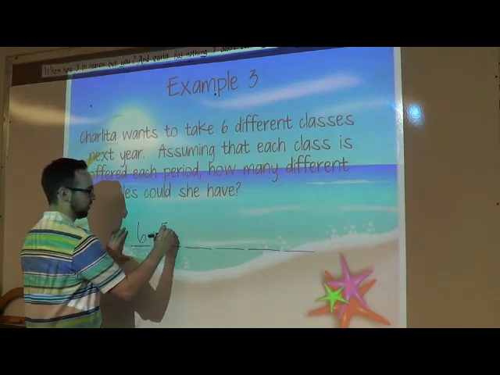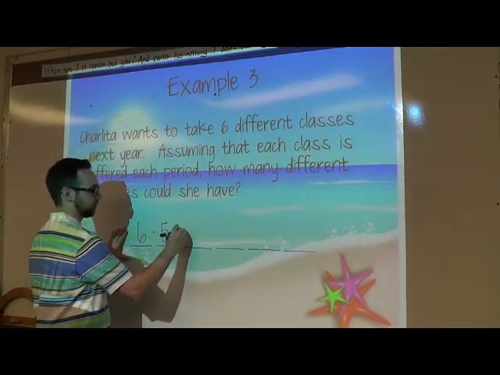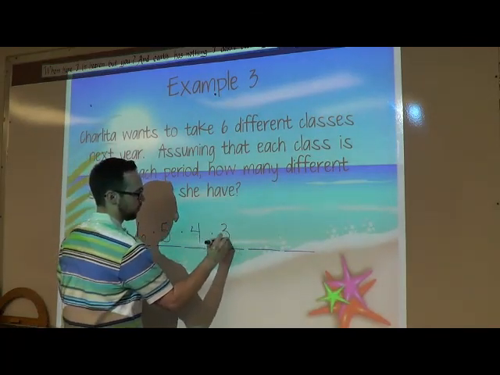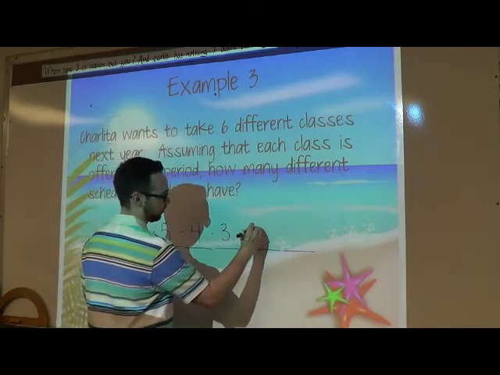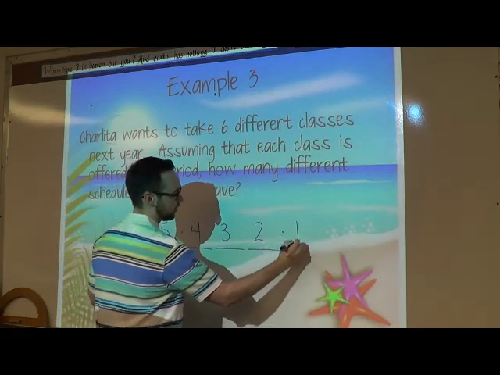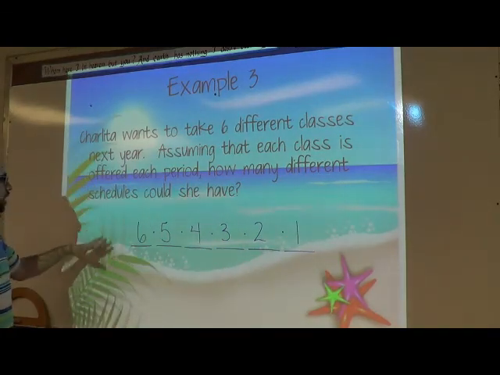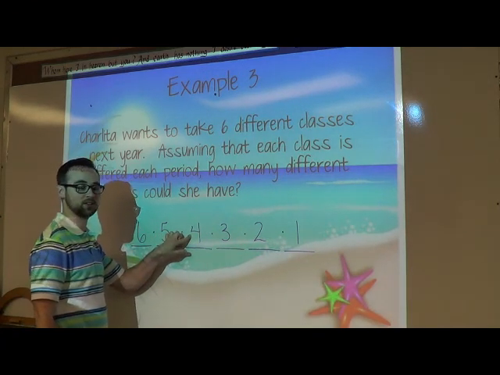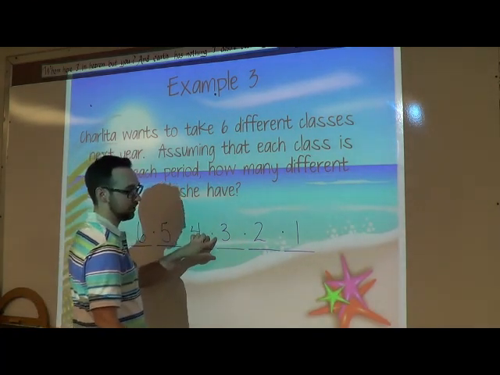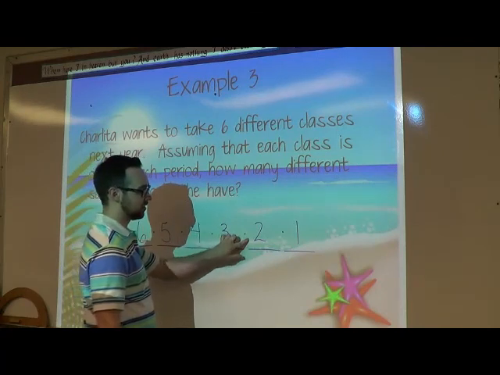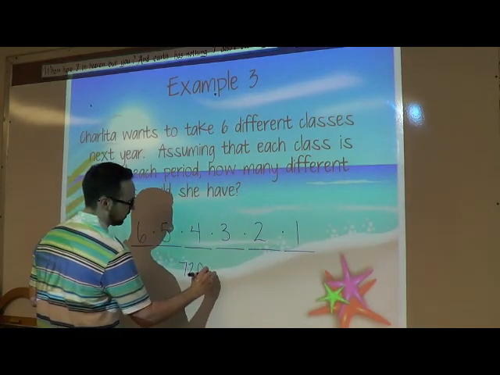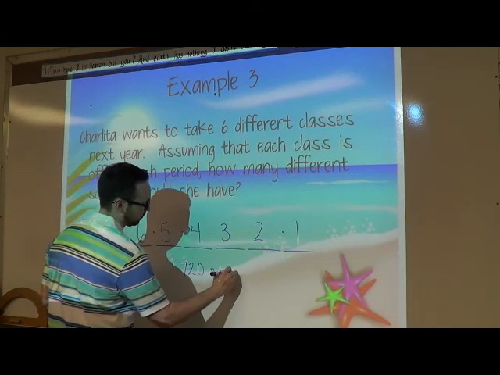So now there's only 5 options for the second, 4 options for the third, 3 options for the fourth, 2 options, and then finally she has one last option. So how many different schedules could she have? 6 times 5 is 30, times 4 is 120, times 3 is 360, times 2 is 720 different schedules.